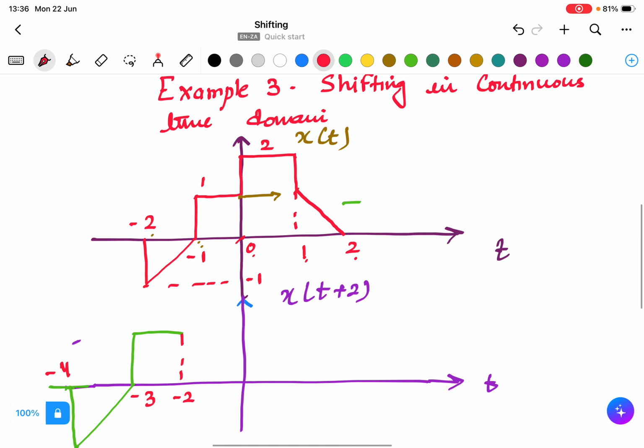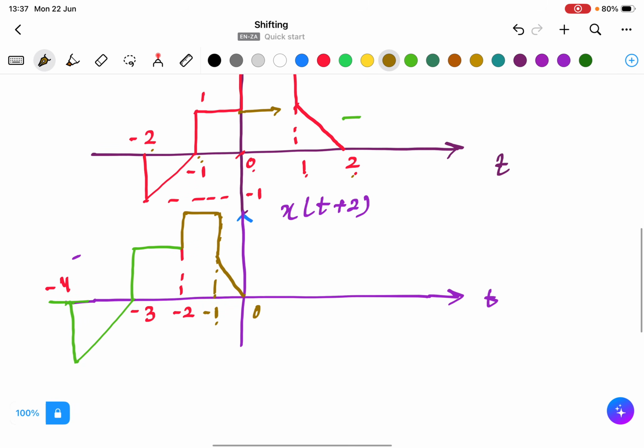Maybe the scale is a bit different now here, so it will be a minus 1 here. Whatever you have at 1 will basically move to minus 1, and whatever you have at 2 will move to 0. So we can say that it will be like this.